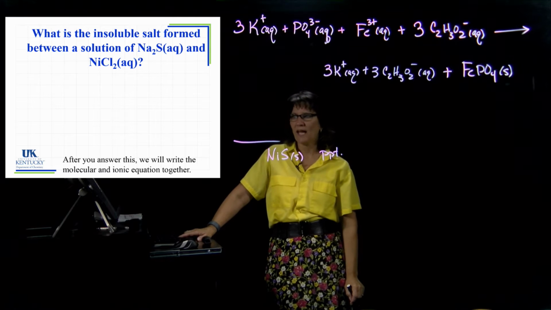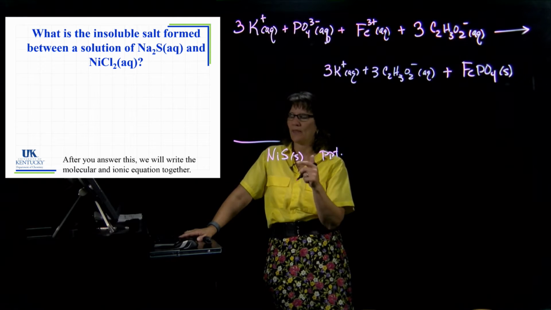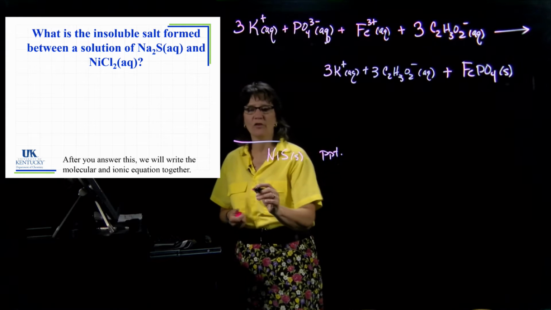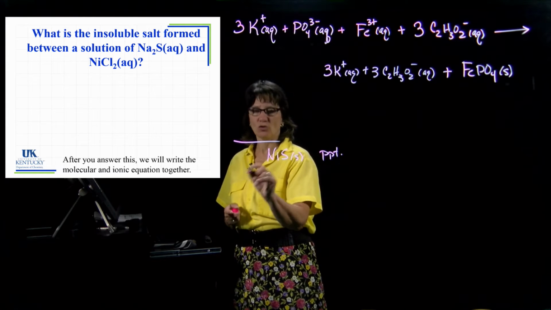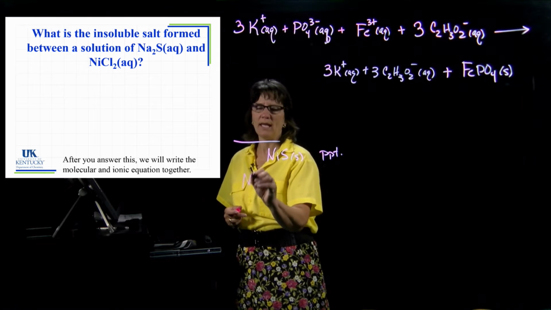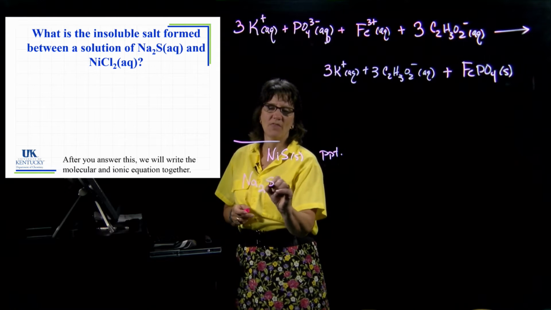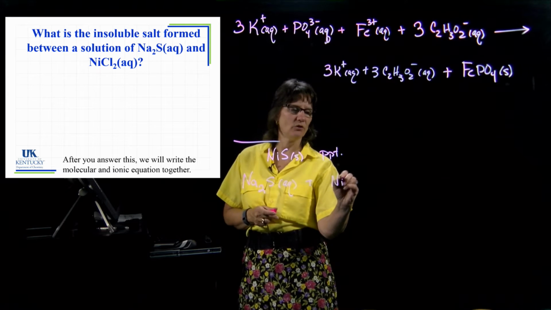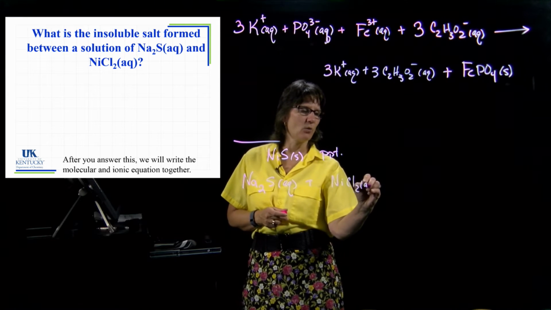Let us work together at writing the molecular formula and the ionic formula to form that precipitate. Now you might have done all this work in order to figure out your answer. So let's write Na2S, that is aqueous, and NiCl2, that's aqueous.